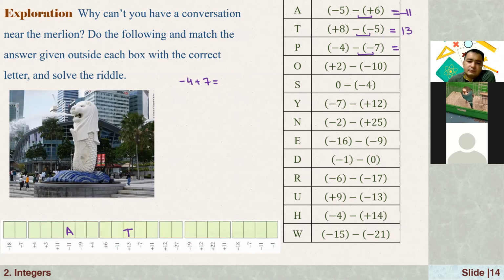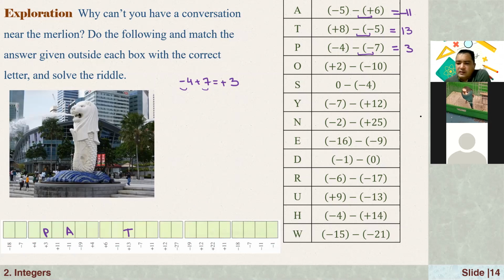It's negative 11. No, no, no. Here, this is negative. This is positive. So we subtract, right? And which one is greater? 7 is greater. So the answer will be plus 7 minus 4. That's equal to 3. If the signs are opposite, we subtract and put the greater number's sign. Okay. So this answer is 3. P. What is 3? Do we have 3 here? Yes, here. So this one is P.